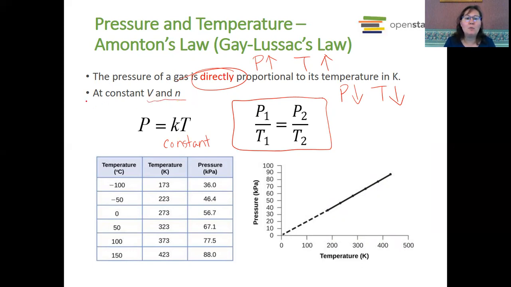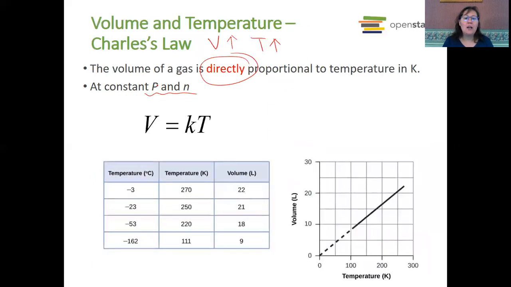That means that pressure and moles aren't changing. Okay, so it means not changing. And that's really big. These little gas laws only work when something is being held constant. So that means volume goes up as temperature goes up, and volume goes down as temperature goes down.